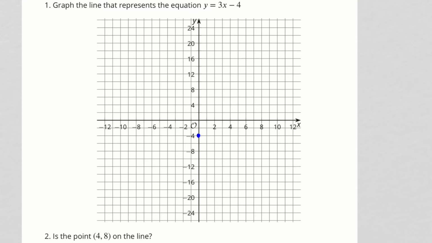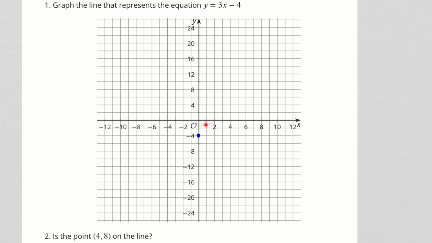Up 3 over 1. One thing I want to note before you make your next dot is that this graph is by 2s. Does everybody see that? So you need to go 1, 2, 3, and to the right 1.